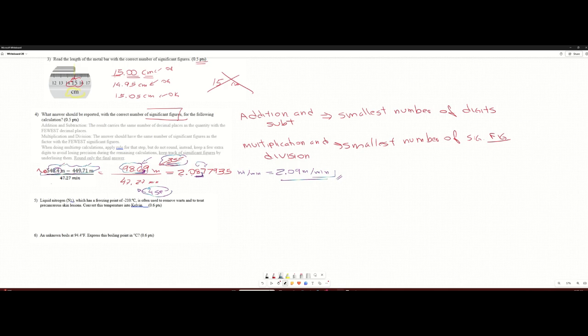So liquid nitrogen, which has a freezing point of negative 210 Celsius degrees, is often used to remove warts and to treat precancerous skin lesions. Convert this temperature in Kelvin. So to convert in Kelvin, we know the temperature in Kelvin will be temperature in Celsius degrees plus 273.15. Look, this is the exact number. This is a formula, okay? So you cannot change it.